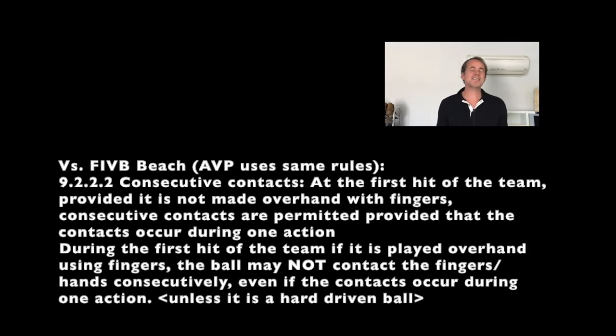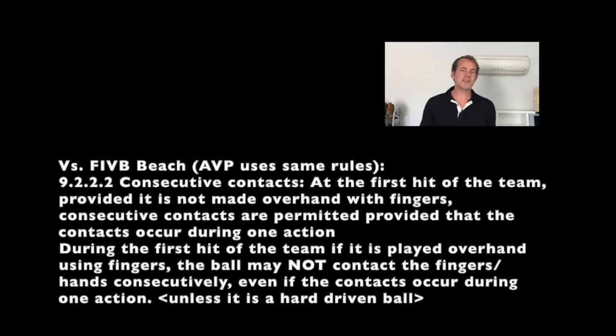This is one of the pesky differences between the California rule set and the AVP/FIVB rules: the first ball that comes over, if I hit that, and let's say it's not a hard driven ball, if I hit that in one motion, if it hits two parts of my body, FIVB and AVP allow it, CBVA doesn't.